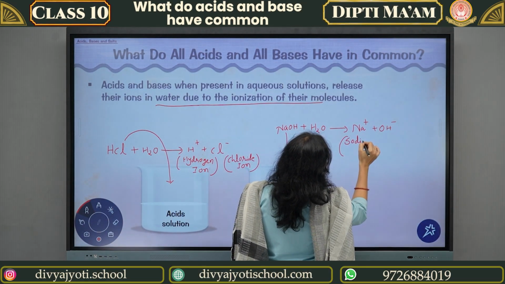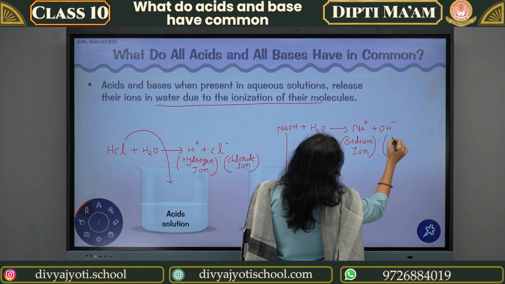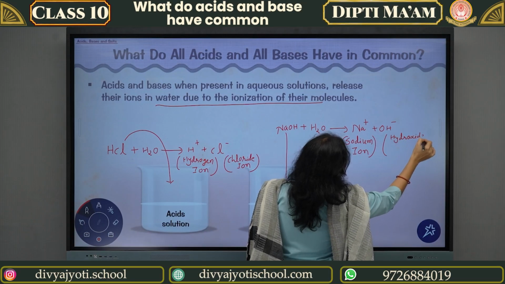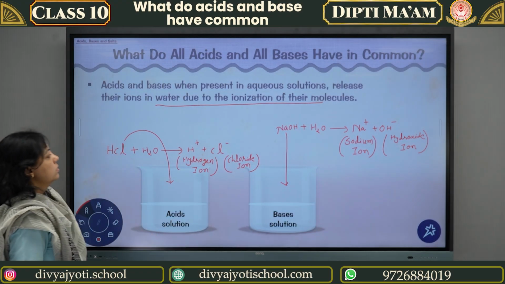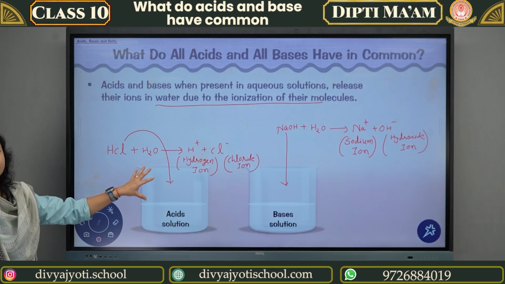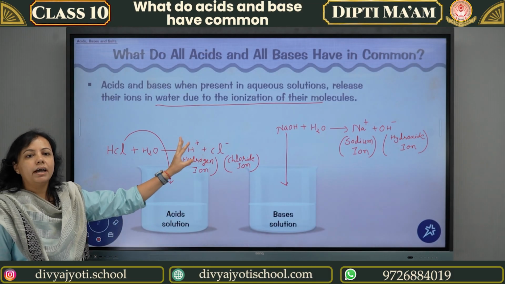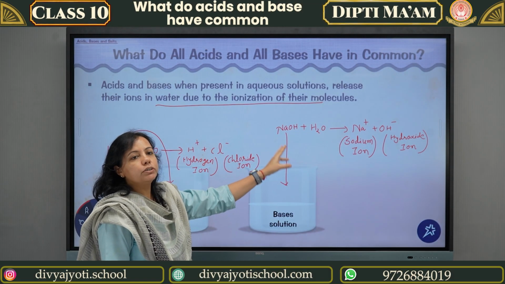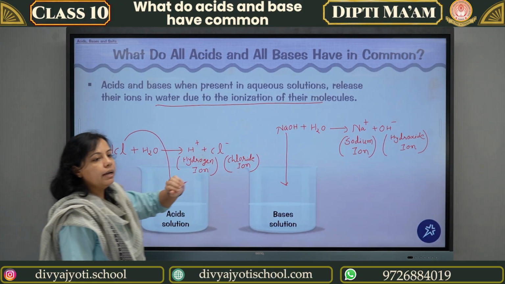The cation is the sodium ion, the anion is the hydroxide ion. So if the acid reacts with water, it forms two types of ion, cation and anion. If base is added to water, it also forms a cation and an anion.